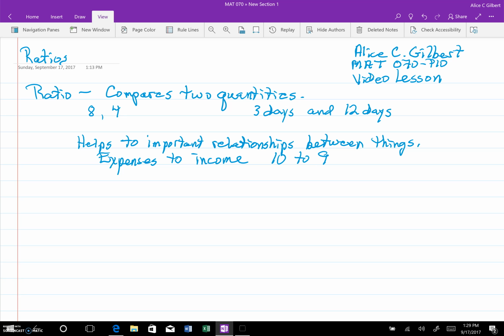So what that means is that for every $10 that you spend, you earn $9. Do you see anything wrong with this ratio? Unfortunately, too many people are in this position where they spend more money than they earn. Okay?